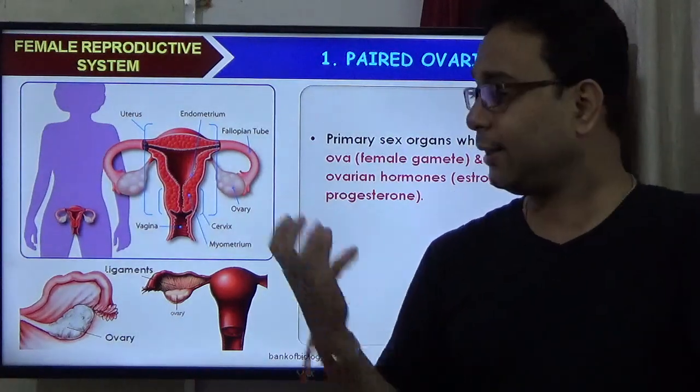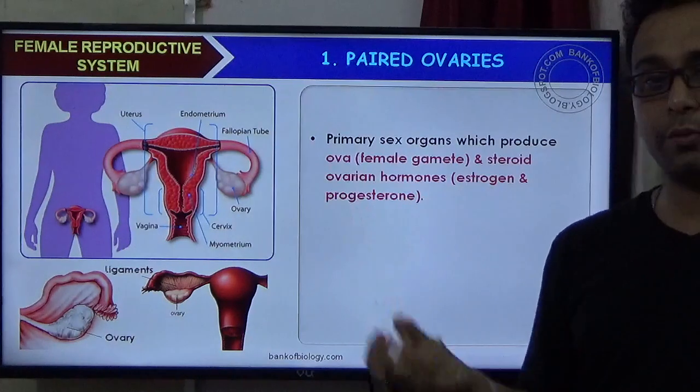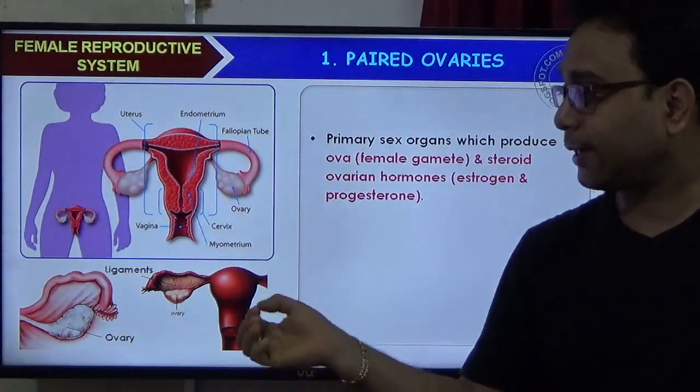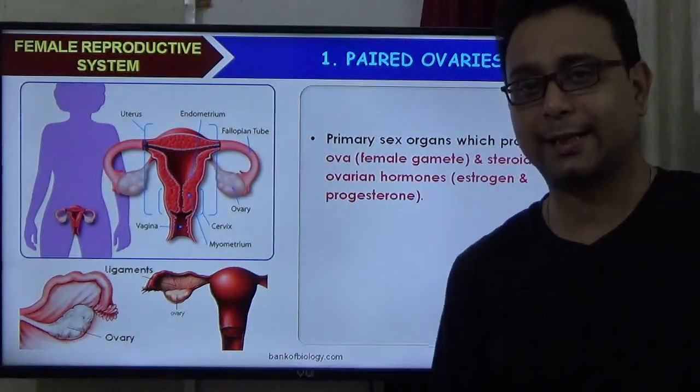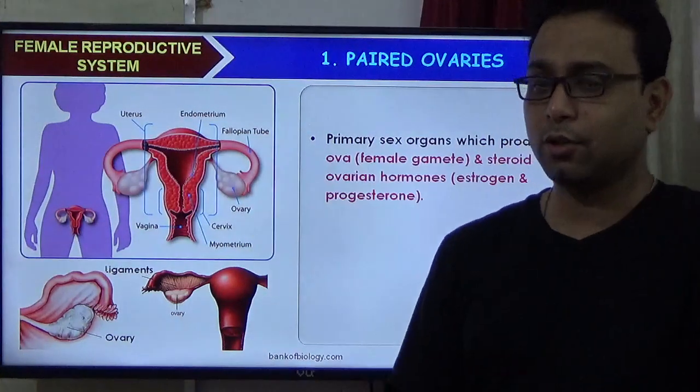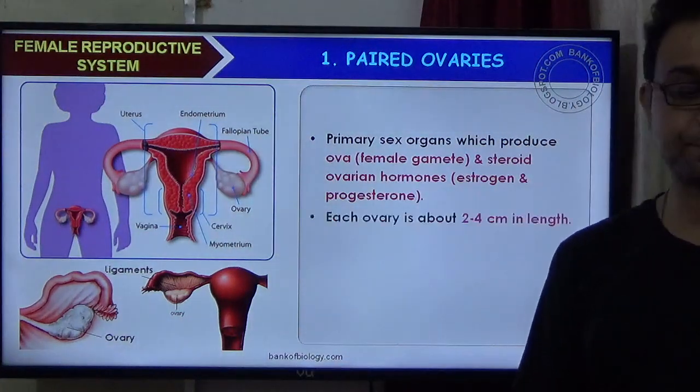Because they are secreted from the ovary. So in that case, the ovary also acts as an endocrine gland.